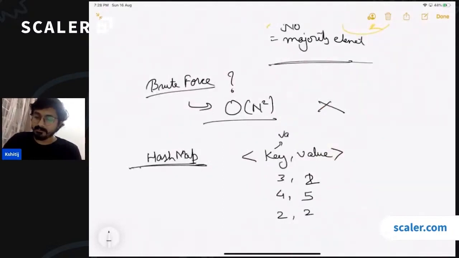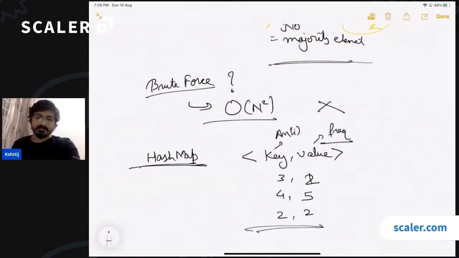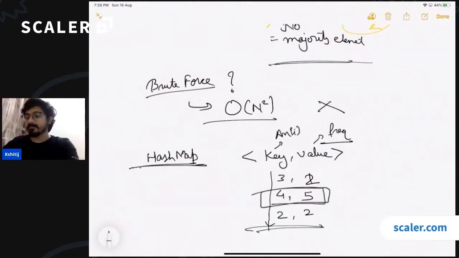This is the array element, and this is the frequency. After you have made this complete map, you can iterate over all the keys and figure out which of them is the majority element. This is one of the approaches.